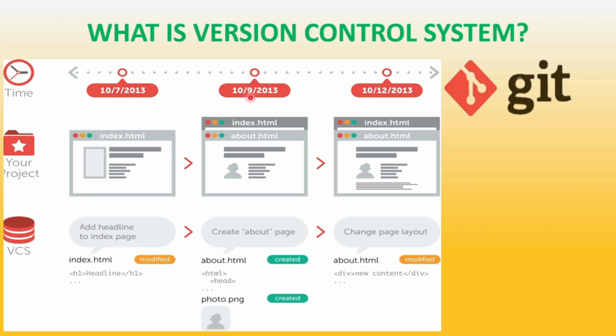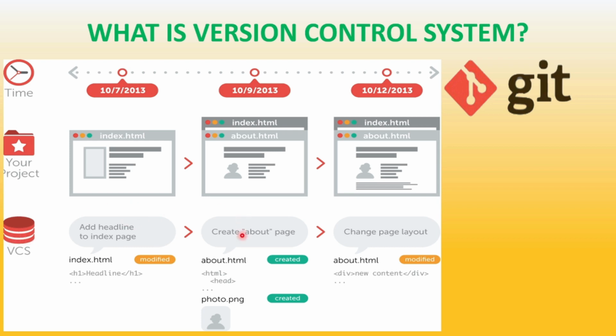Then on 10th of September, you created one more file, about.html. In the about.html file, you uploaded one picture of yours, photo.png. When you created it and uploaded the picture, all the changes will be tracked by the version control system. It will be stored as a snapshot inside the version control system as version 2.